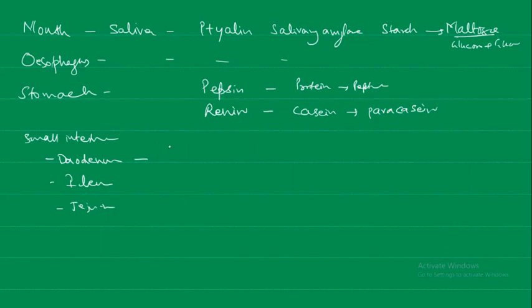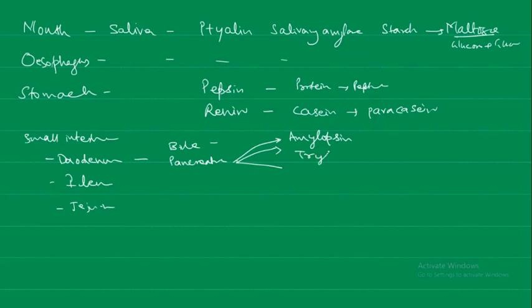One is the bile juice, another is the pancreatic juice. The bile juice is mainly required for the emulsification of fats, and the pancreatic juice does most of the enzymatic work. It has amylopsin, which is nothing but pancreatic amylase, converting starch into maltose.